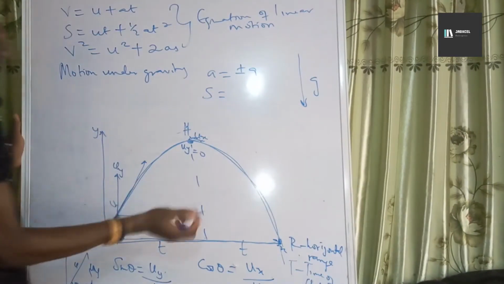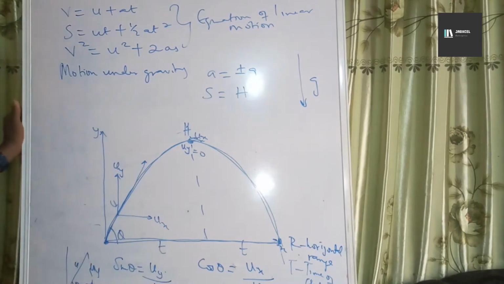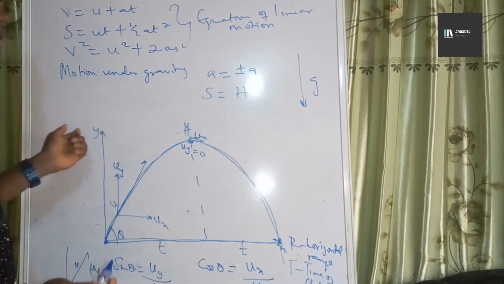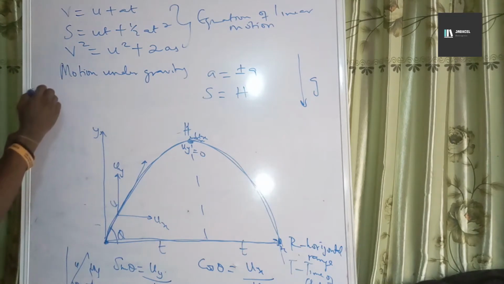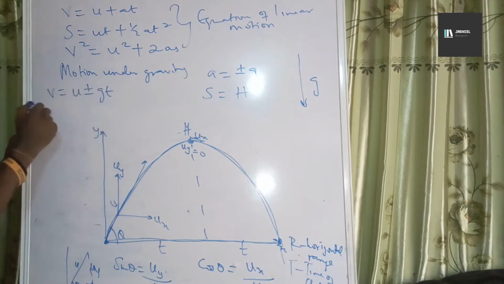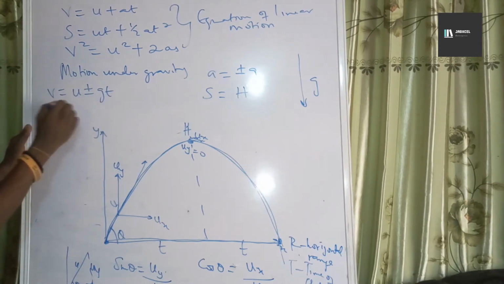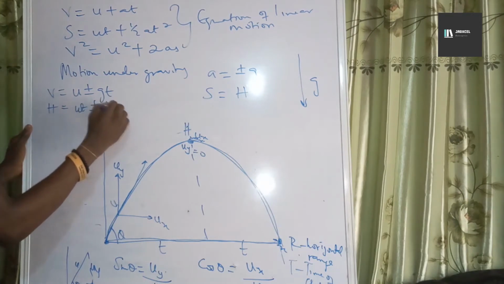Our s, our distance, we could call it h, sometimes x or y, depending on what we are trying to look at. So now I could rewrite this as v is equal to u plus or minus gt. I could call this h is equal to ut plus or minus half gt squared.